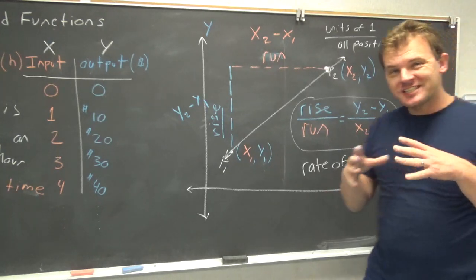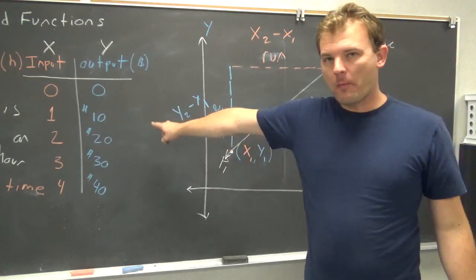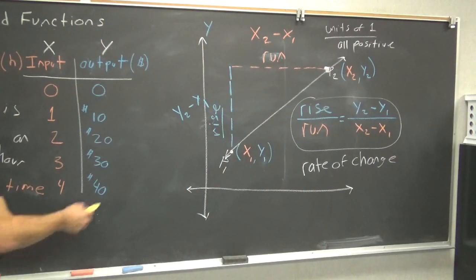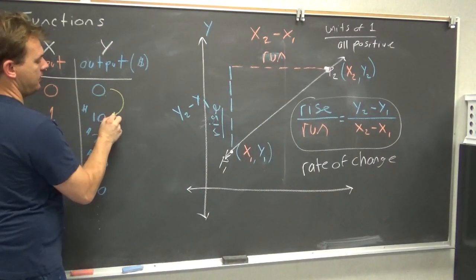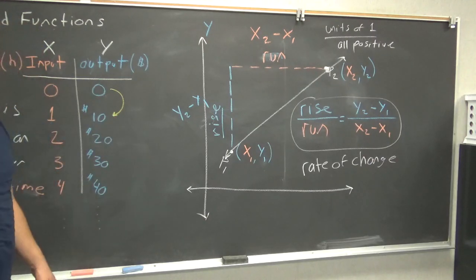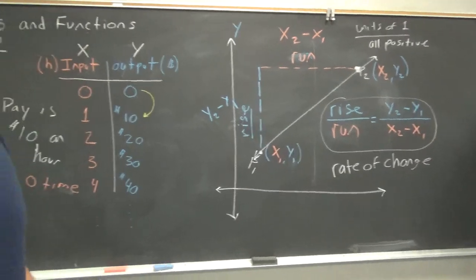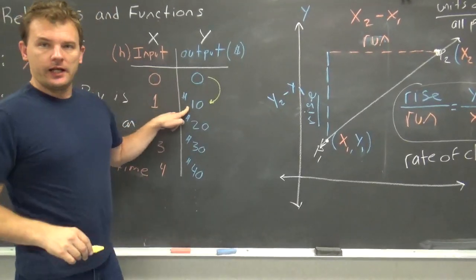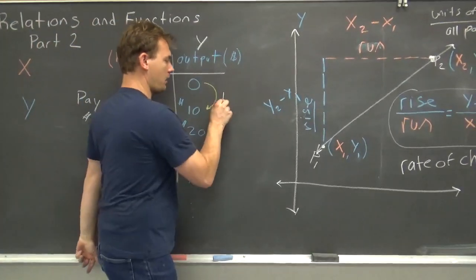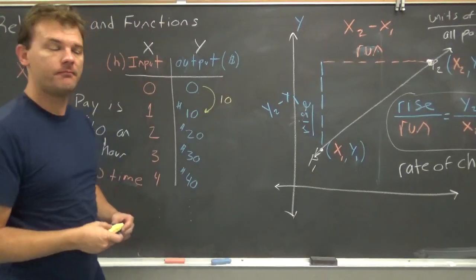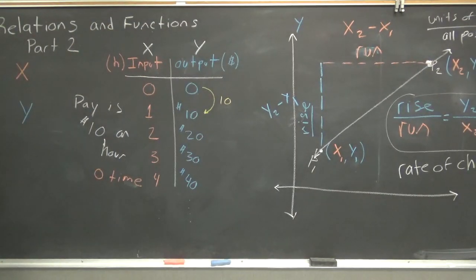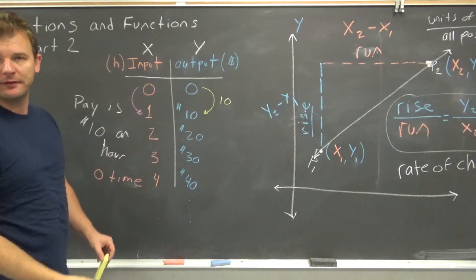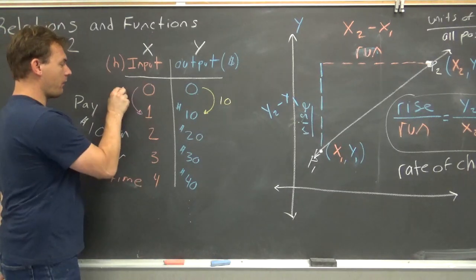So to close this out, go back over here real quick. From there to there, what's the difference? From 0 to 10, what happened? It went up by 10. From 0 to 1, what happened? It went up by 1.